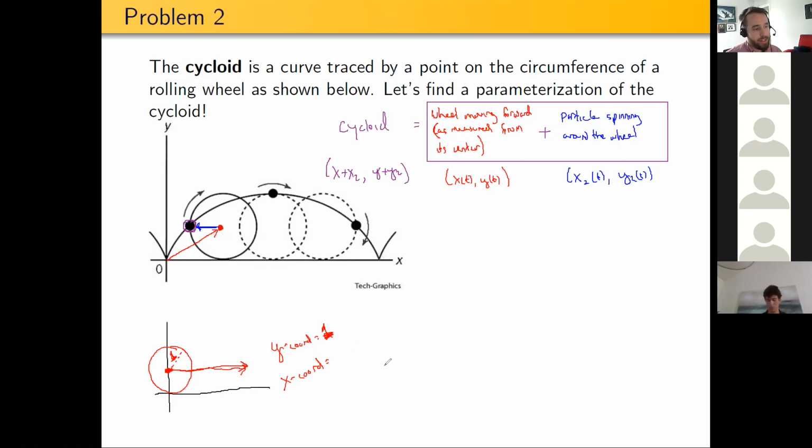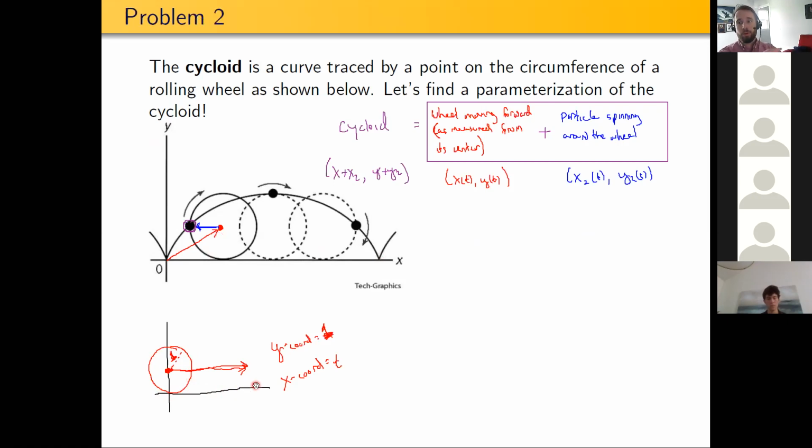So in that case, the y-coordinate is equal to 1, and our x-coordinate moving forward in time will simply be t. It'll be 1t. So what that means is as I go forward in time, by the time I've gone 2 pi units of time, my wheel will have completed 1 full rotation, and I will have gone forward 2 pi units of distance. In other words, over 1 full rotation, every single point on the circumference of my wheel would have touched the ground down here.